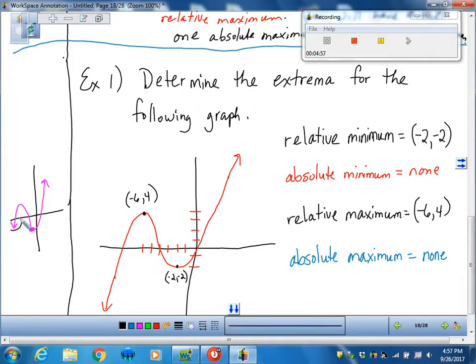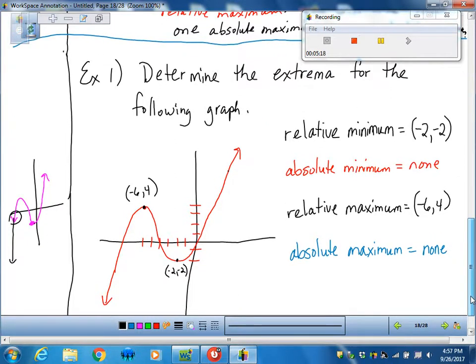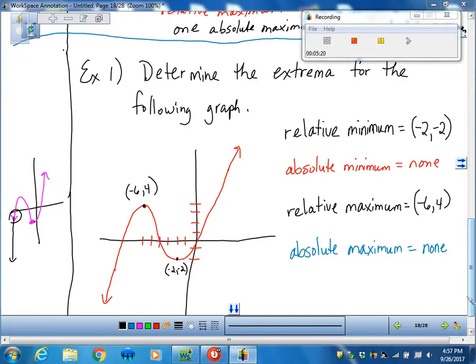That arrow indicates that this continues to go down. So if you see a graph like that, they're trying to trick you. You need to go to that arrow and just extend it so that you know that it's below your lowest point that you have. So just be wary of that. Sometimes they will do that to trick you. Alright, that's it for example 1. Go ahead and copy it, and then we will finish up with example 2.